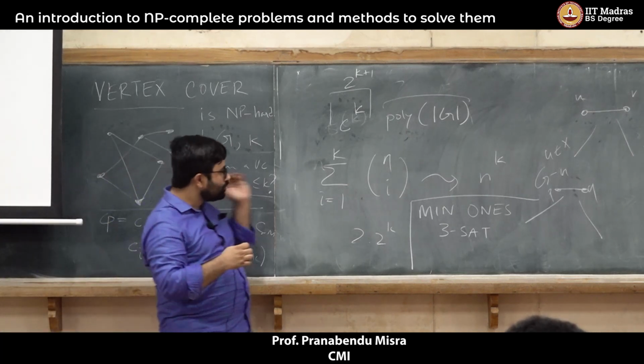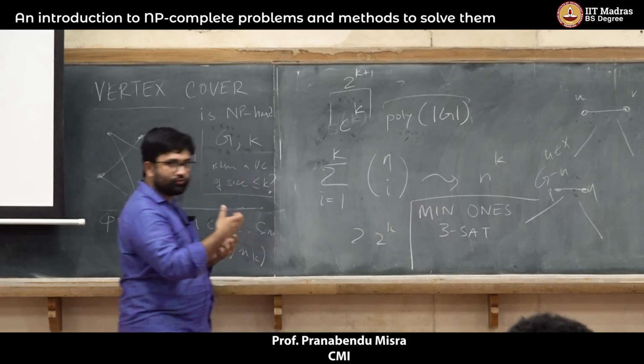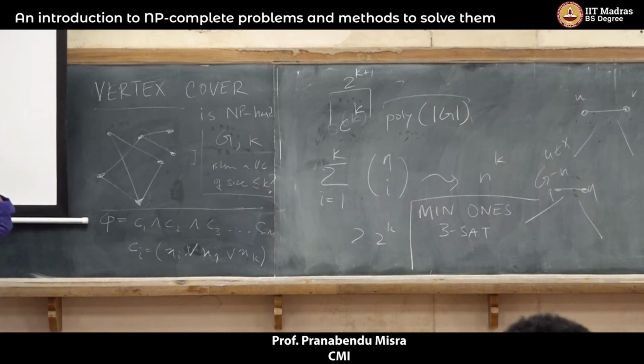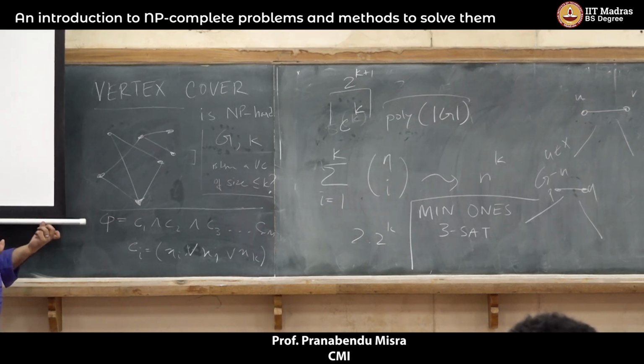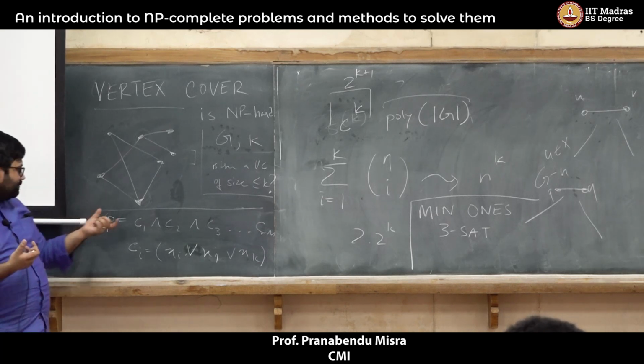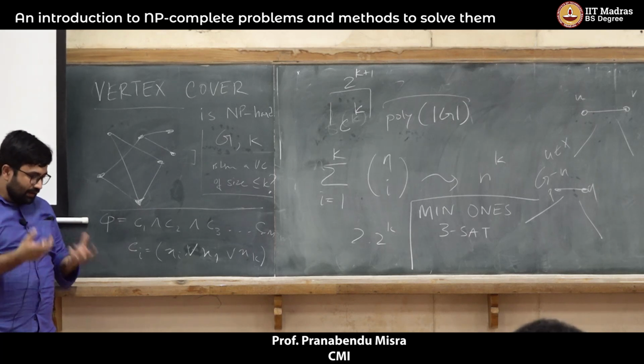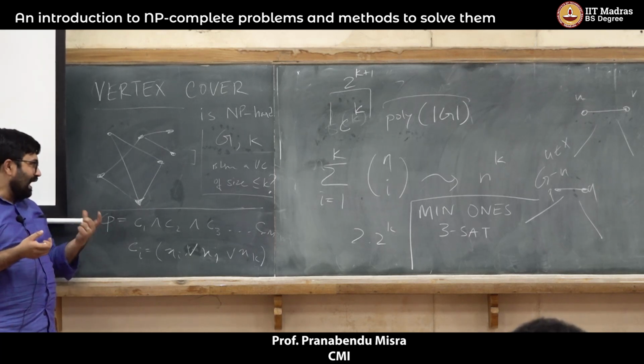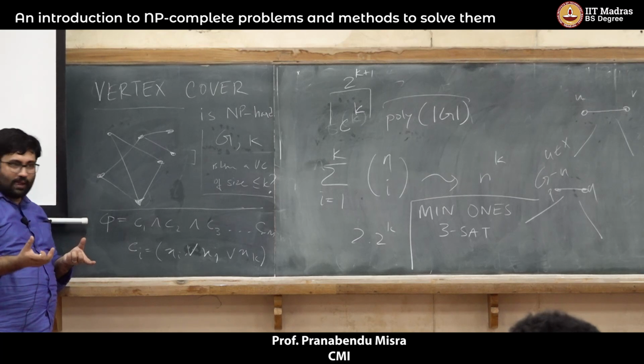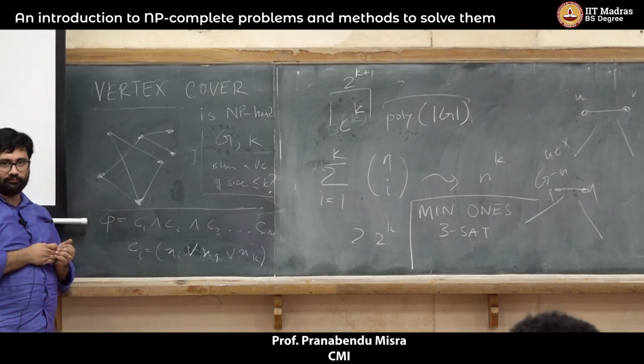True corresponds to 1, false corresponds to 0, like in a computer. So min ones 3 SAT means the number of ones, or the number of true variables, is limited or minimized. So here we ask, is there a setting of the variables where at most k variables are set to true and the formula is satisfied?